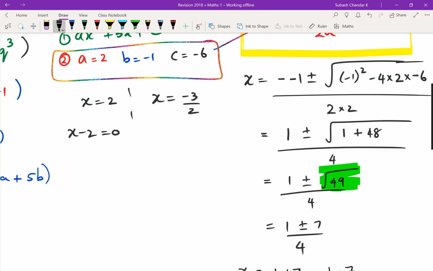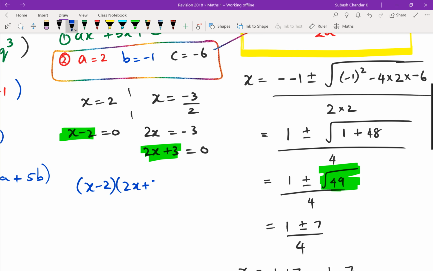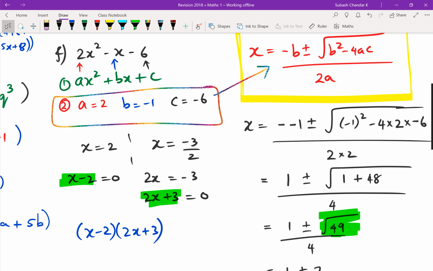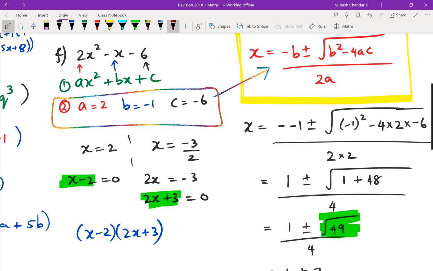And in the second one, I'm going to cross multiply, so I get 2x equals minus 3, and then 2x plus 3 equals 0. And right there, guys, we've got our two factors. So that's going to be x minus 2 and 2x plus 3. So what we've done is we've factorized this.